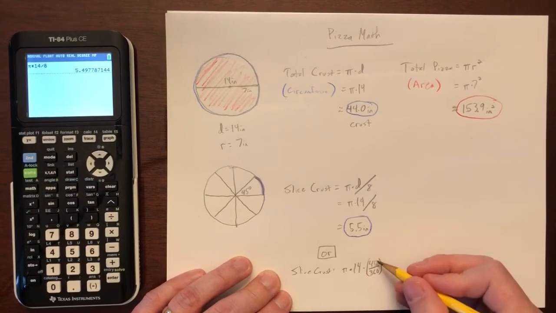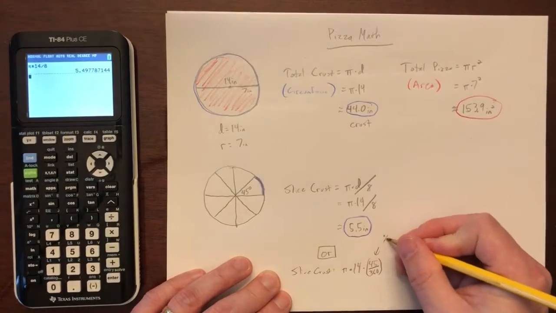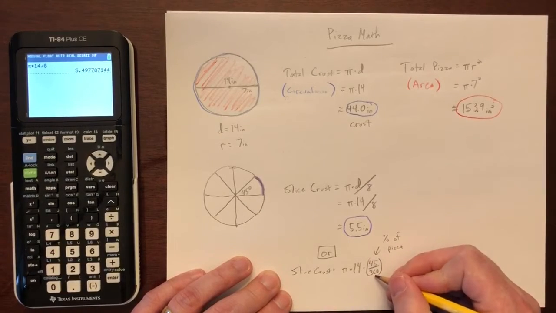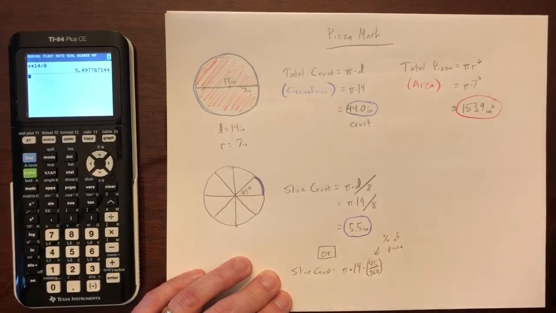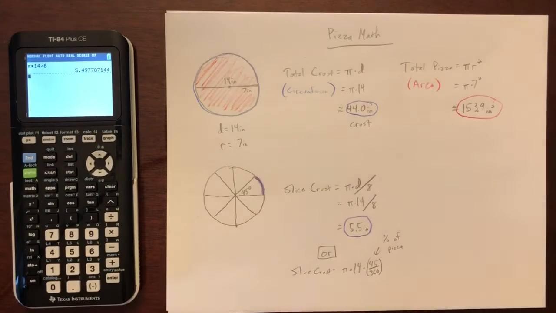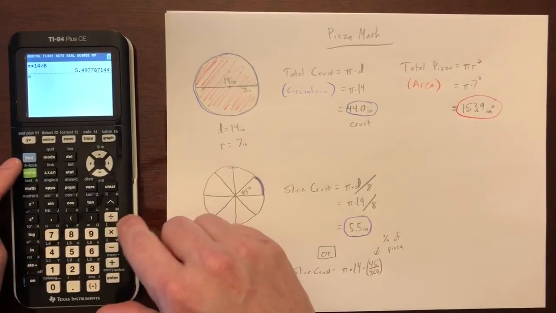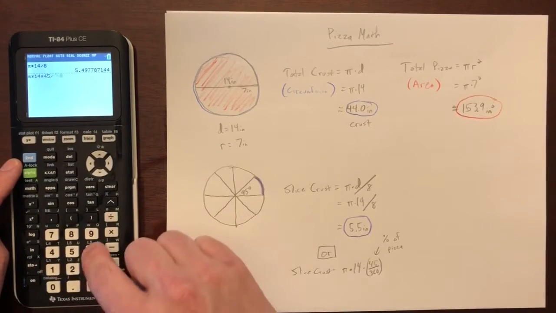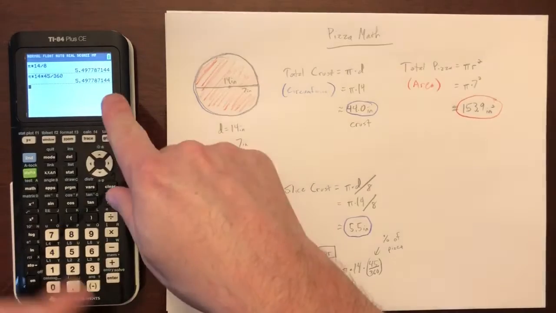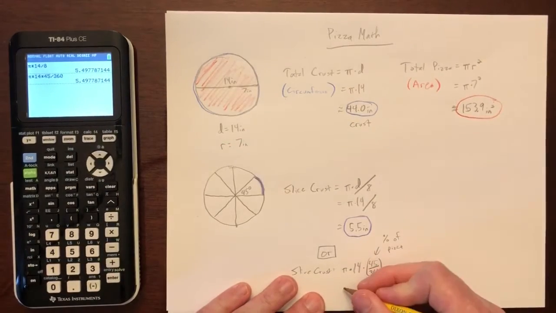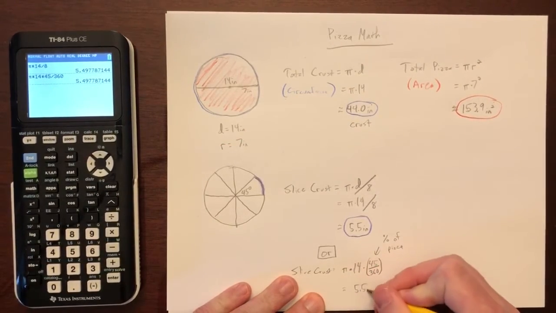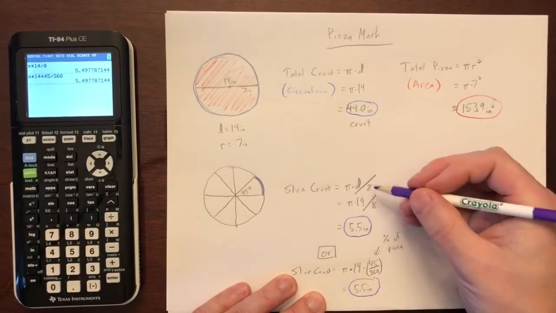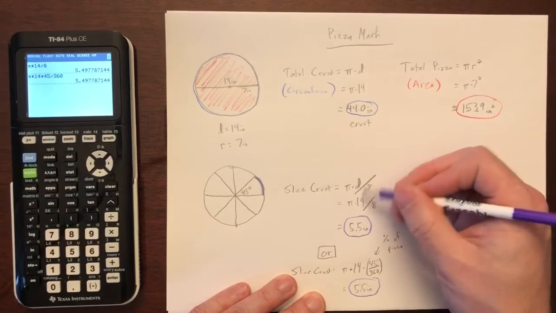And that method, because this is basically the percent of the pizza. 45 divided by 360 is our percent of the pizza in decimal form. So if you type pi times 14 times 45 over 360, you get the exact same decimal of approximately 5.5 inches of crust.